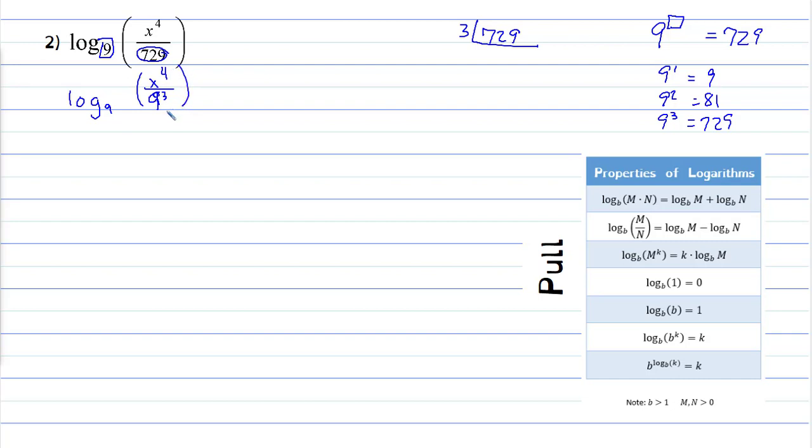So the first thing I need to separate is the division. And so when we separate the division, it's going to become subtraction. And so when we separate that division, we end up with log base 9 of x to the 4th minus log base 9 of 9 cubed.